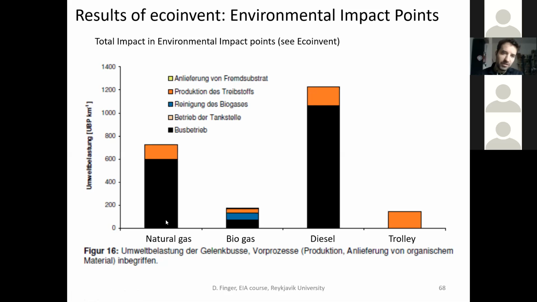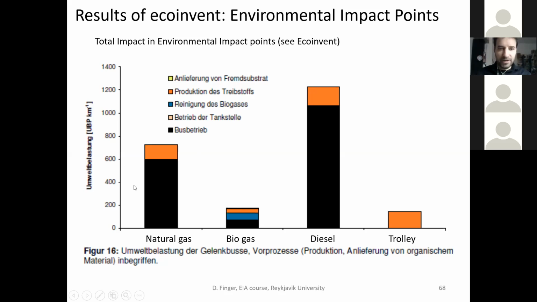In the carbon footprint, the natural gas bus is slightly higher than the diesel bus, but in the total ecological impact, the natural gas bus is still cleaner simply because the emissions are less toxic, include fewer carcinogenic components, and create less smog. Accordingly, it's a cleaner process. It's also methane, CH4. If you burn it, the burning process is simply cleaner than if you burn diesel in a combustion engine.